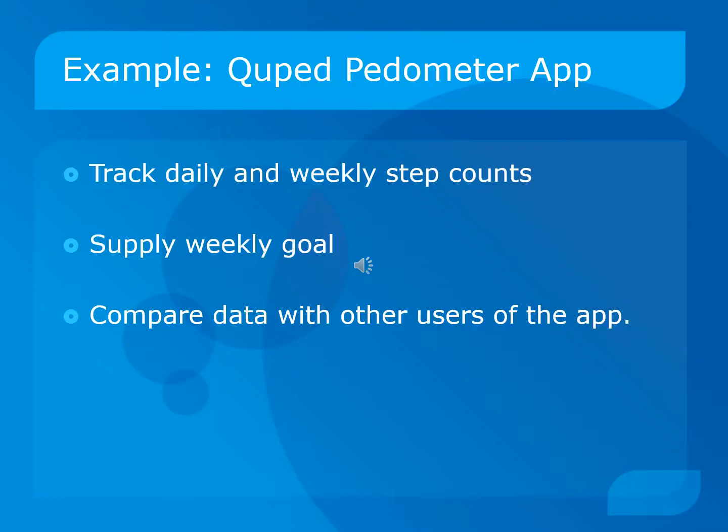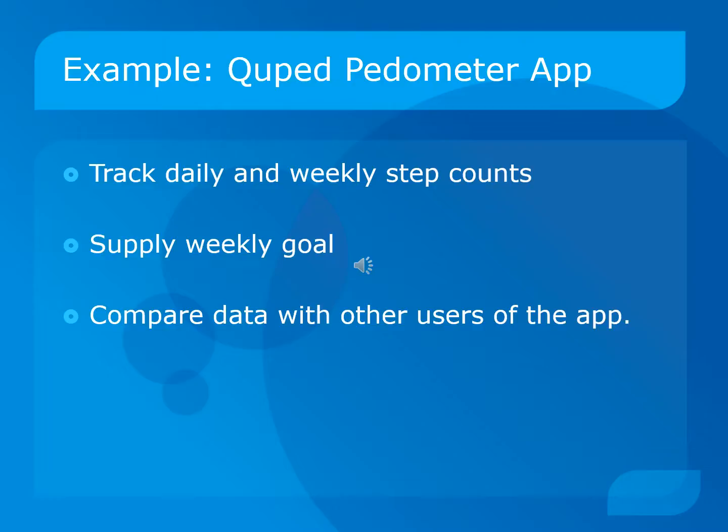It basically has 3 features. The app enables users to track their daily activities and step count, and it also supplies weekly goals for the users. The app also enables the users to compare their data with other users who are using the app.